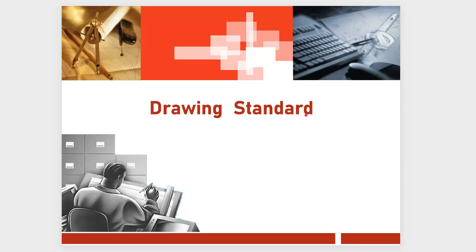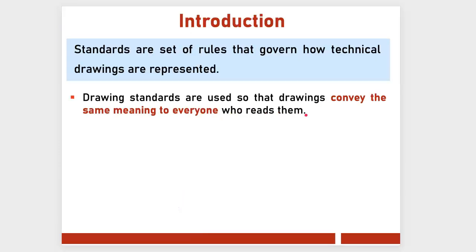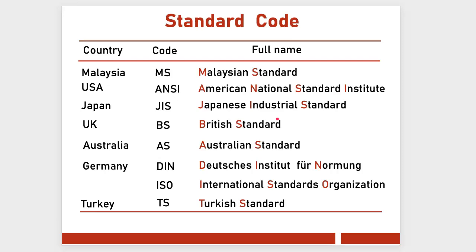Now let's talk about drawing standards. Drawing standards are a set of rules that govern how technical drawings are represented, so that drawings convey the same information or meaning to everyone who reads them. For us, we actually use ISO, International Standards Organization. Other countries use their own standards.